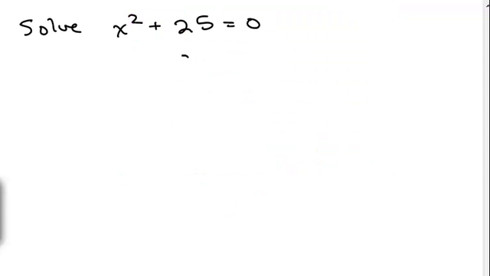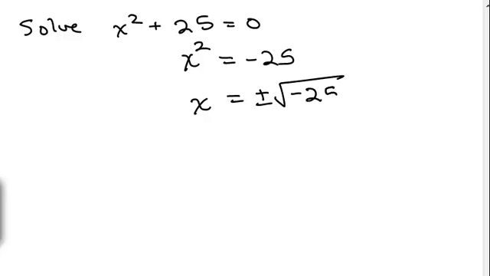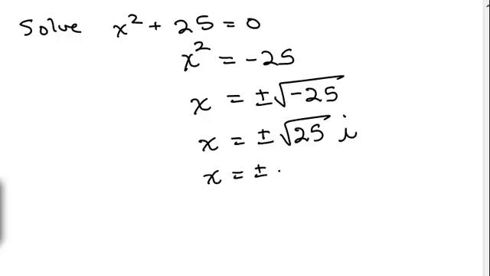You could subtract 25 from both sides, take the square roots, and then remember, when you have the square root of a negative number, it's the square root of the absolute value of that number times i. And square root of 25 is 5. So notice you would have gotten the solutions of plus or minus 5i. So everything seems to make sense, hopefully.